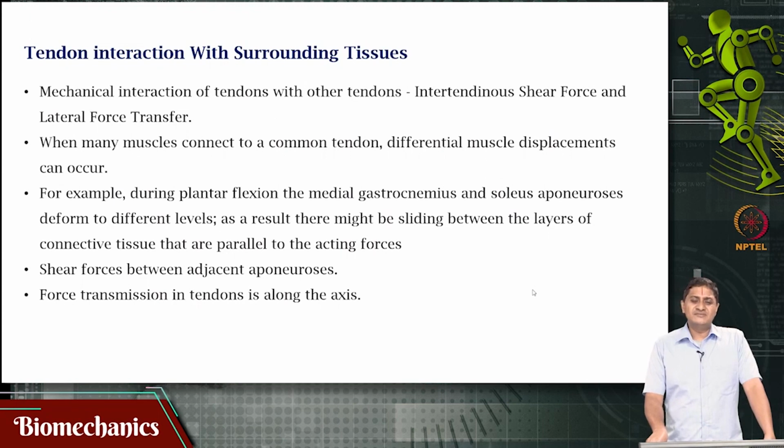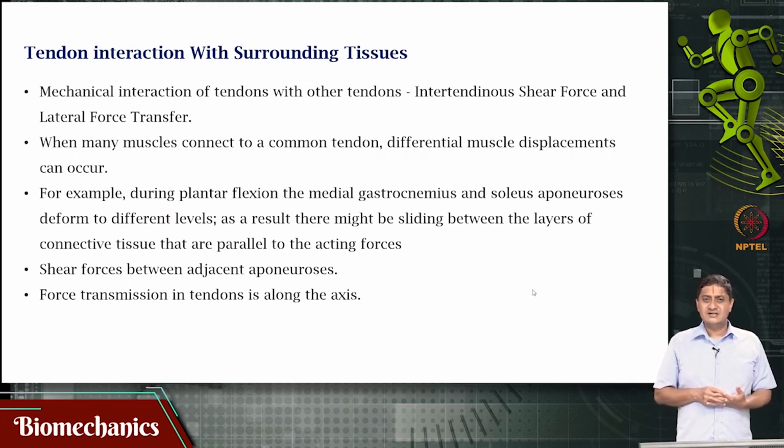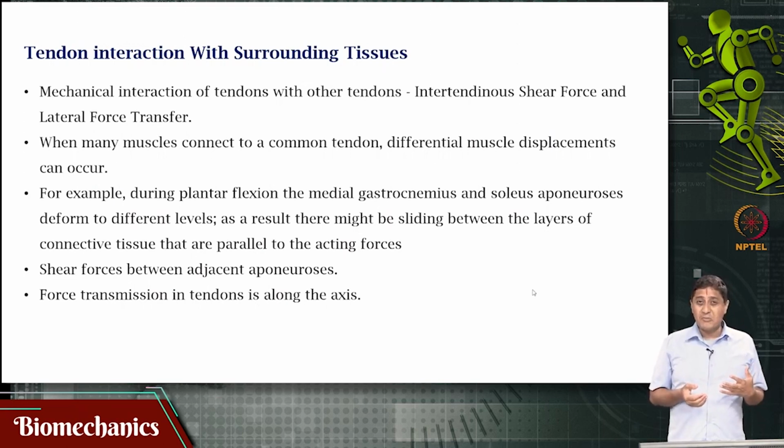But something that we need to keep in mind is force transmission in tendons is mostly assumed to be along the long axis of the tendon, where the fibers are oriented along that axis. So, usually you would assume that most of the force is transmitted longitudinally. I mean, you would actually assume 100% efficiency in force transmission, but that is not a very reasonable expectation, right. So, some forces also get transmitted laterally, right.